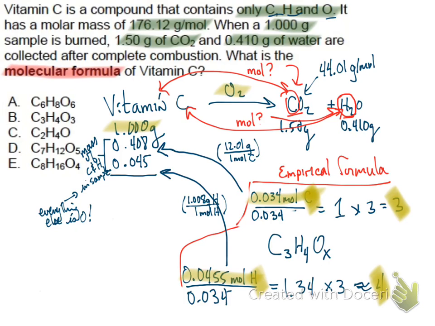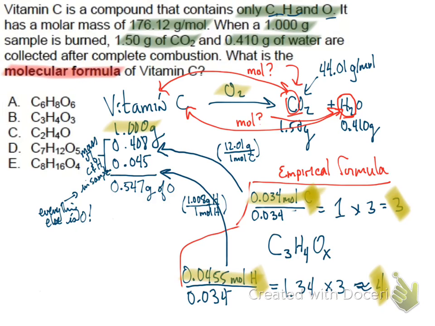So we take 1, we subtract 0.408, we subtract 0.045 from that, and what we find out is that there was 0.547 grams of oxygen, because we've already accounted for the grams of carbon and the grams of hydrogen.